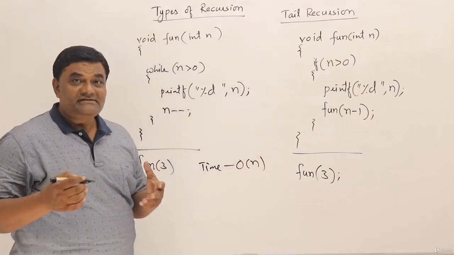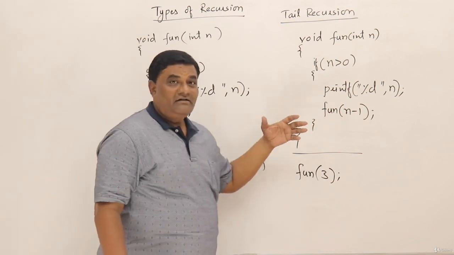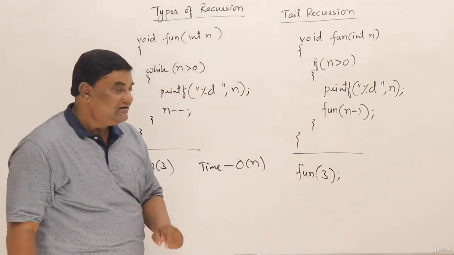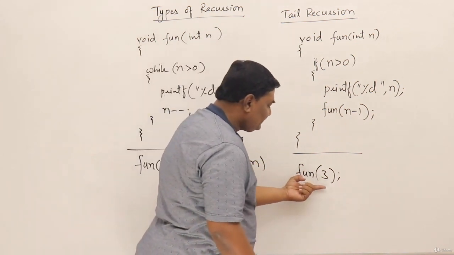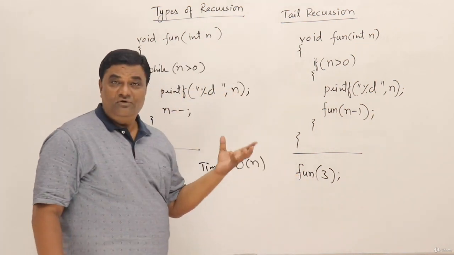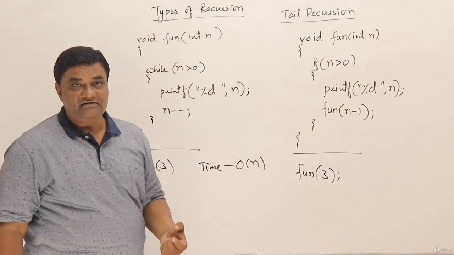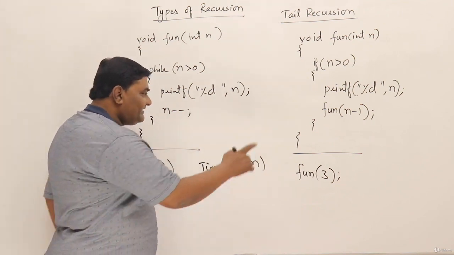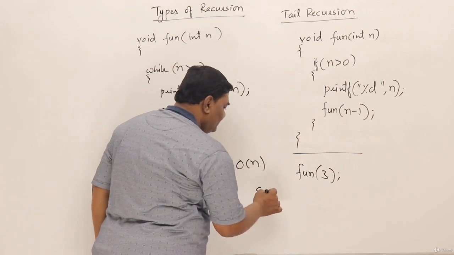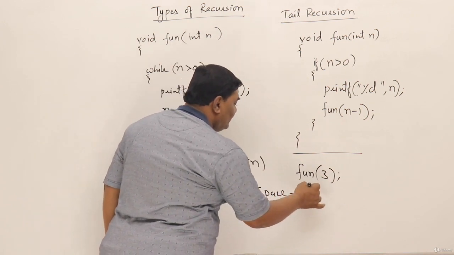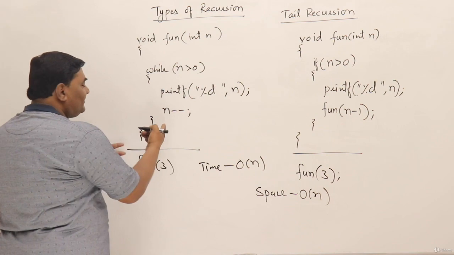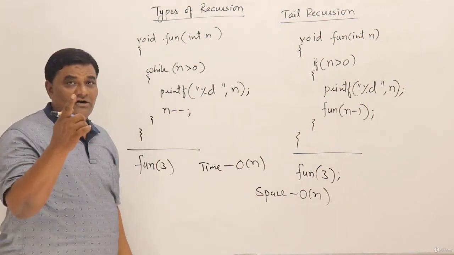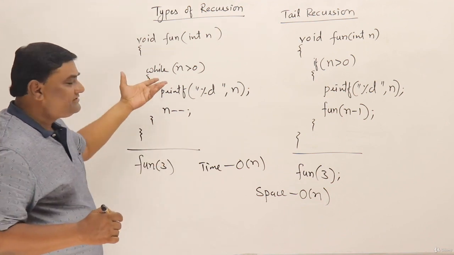But let us analyze the space. This is a recursive function. It internally utilizes a stack. So for the value 3, it will create a total of 4 activation records in the stack. We have already done this analysis. So for n, the space taken by this one is order of n. But what about this one? This is a loop function. How many activation records will be created? Only one. It is not calling itself again.